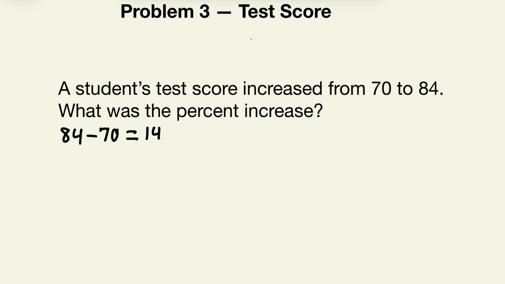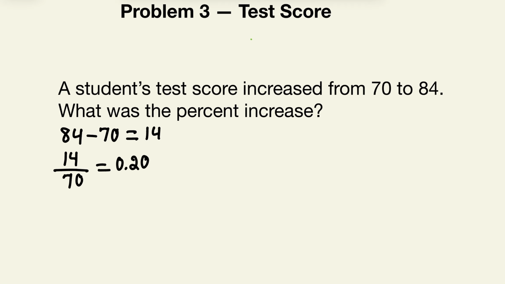We take that change, right? There was a change of 14 points, and we divide it by the what? By the original, which is 70. So 14 divided by 70 equals 0.20.